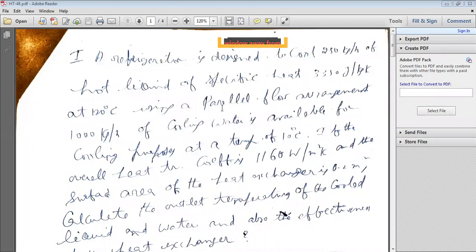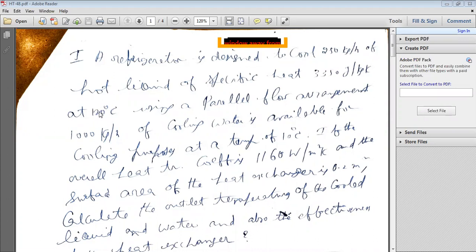So today we'll discuss some problems on heat exchangers. All of you read the first problem. A refrigerator is designed to cool 250 kg per hour of hot liquid of specific heat 3350 joule per kg Kelvin at 120 degrees centigrade.